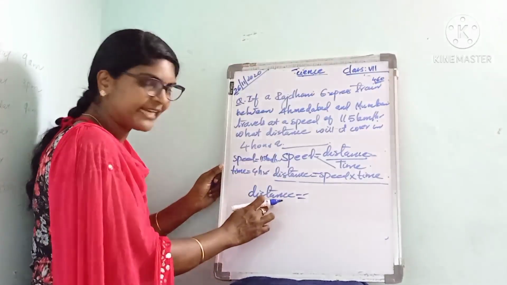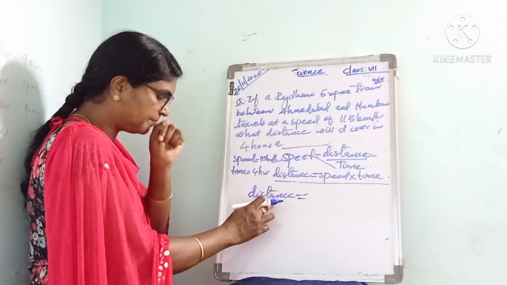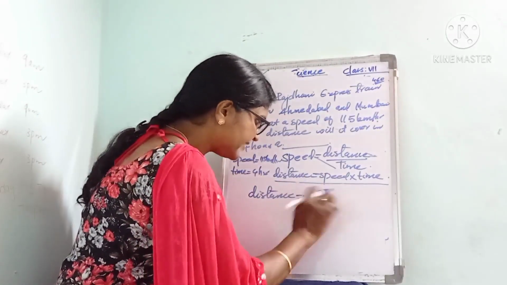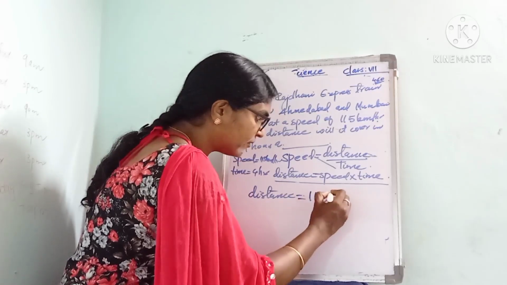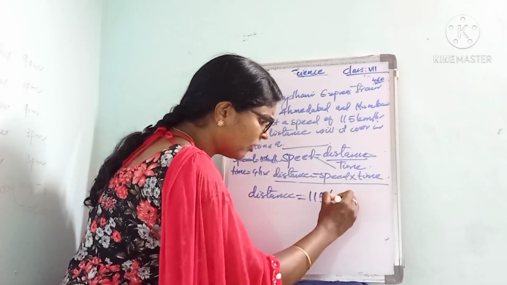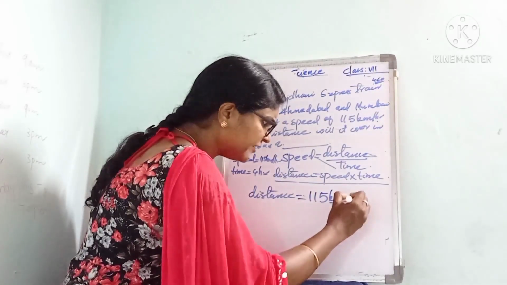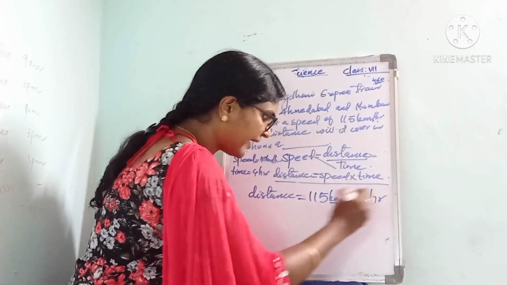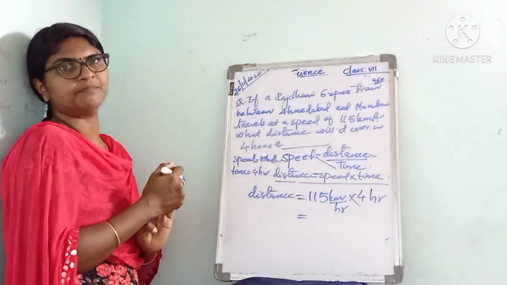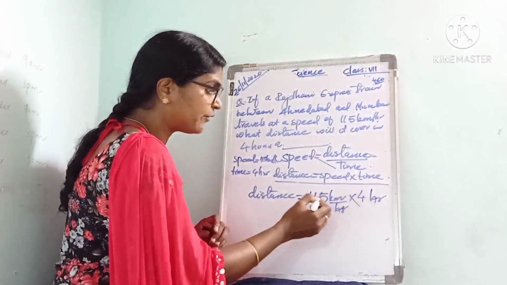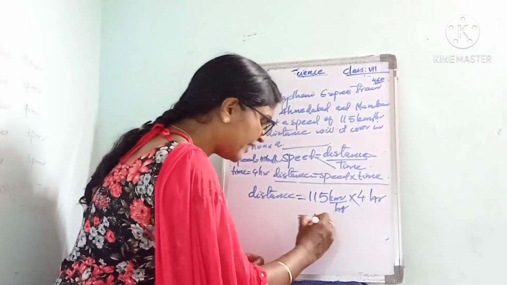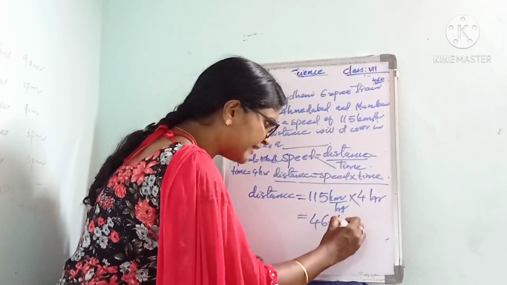So how can we calculate the distance? Distance equal to speed into time. Speed is 115 km per hour into time, 4 hours. So we can cancel hour and hour. Then 115 into 4 is 460 kilometer.